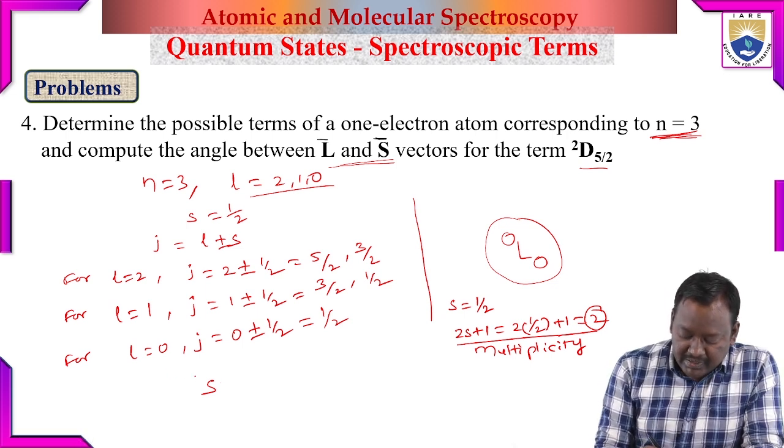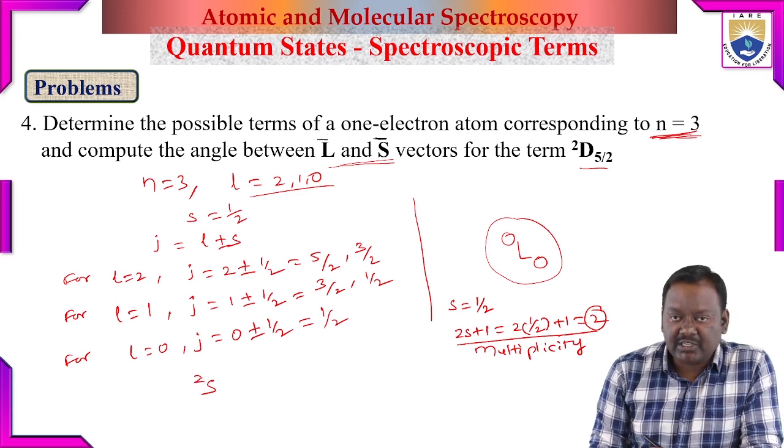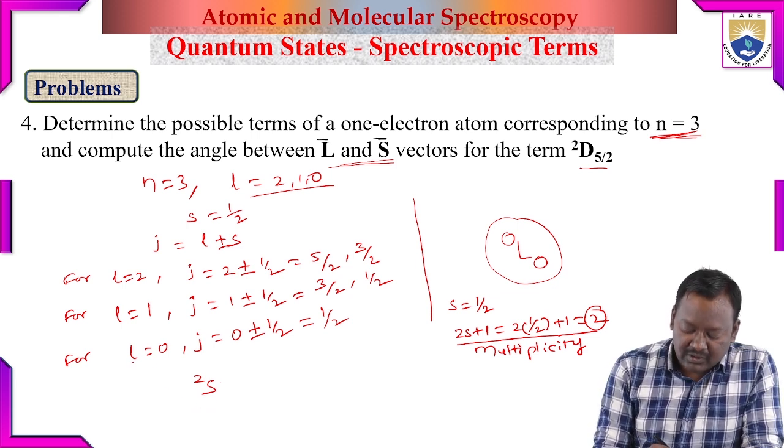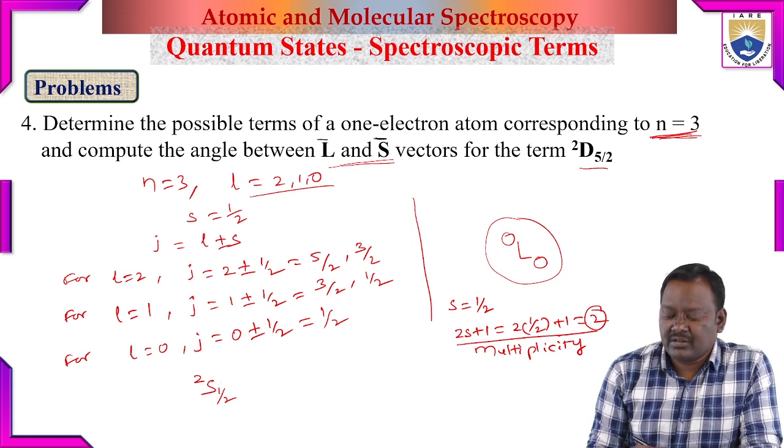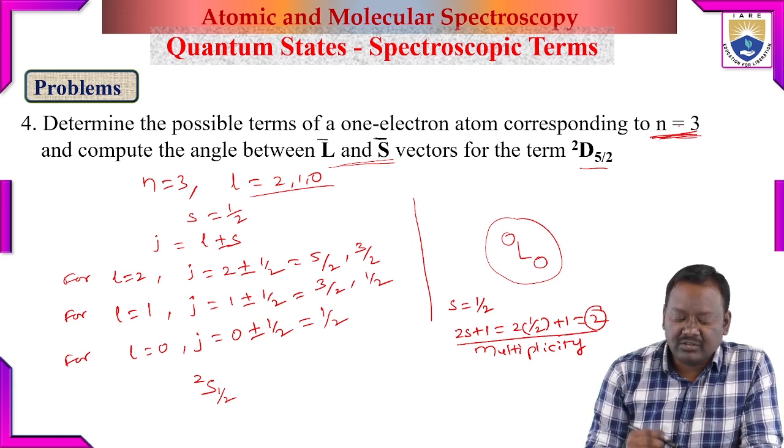So here we need to indicate multiplicity as a left superscript, and write down the right subscript. We should write the J value. So for L equal to 0, the J value is 1 by 2. So we need to write like this. So this is one quantum state of the electron having n equal to 3.